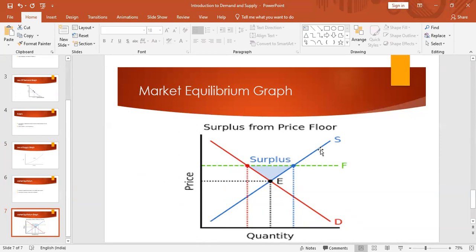And from the supply graph, you can see that if the price increases, the supply also increases. So demand and supply cross over at a particular location. This particular point is called the equilibrium. There must be a balance.